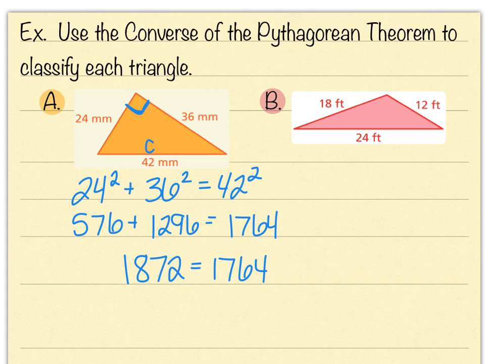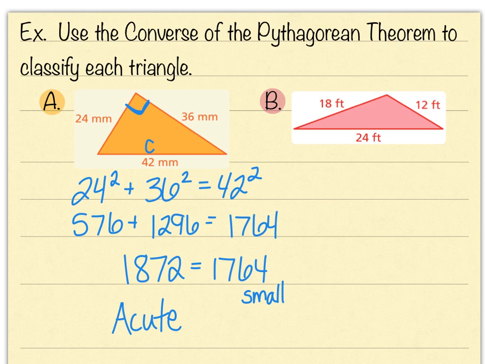So it's obviously not a right triangle. Because a squared plus b squared is bigger than c squared, that means c squared is small. And that's what tells me and kind of reminds me this has to be an acute triangle. In fact, it'd be an acute scalene triangle because none of the sides are the same. But we can just say it's an acute triangle.